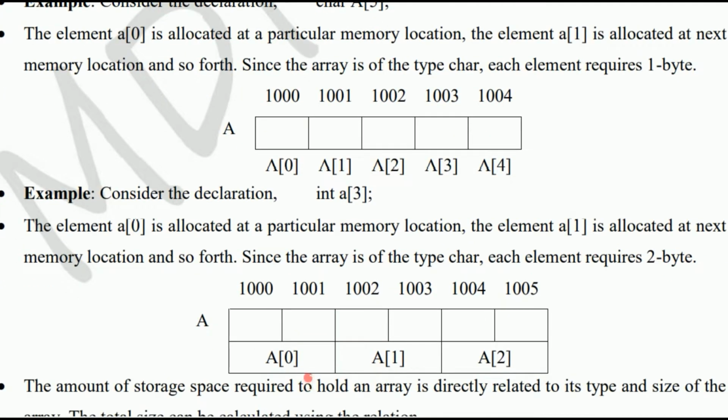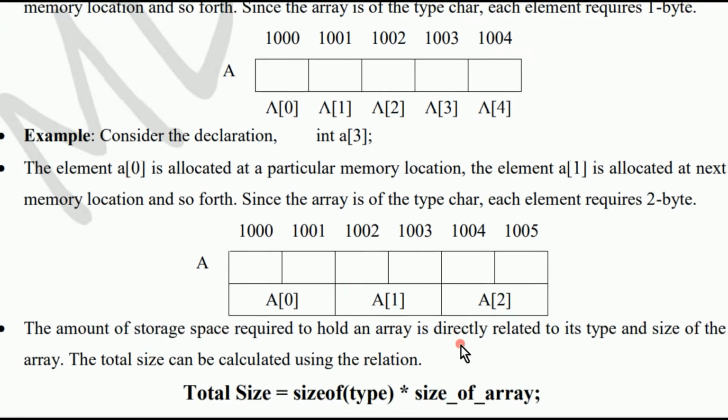As I said, int means it needs 2 bytes of memory. So it takes 2 addresses. That is 1000 location stores 1 byte, 1001 is for 1 byte. That means the 2 bytes for the integer. From 1002, 1003, again a[1]. 1004, 1005, again a[2].